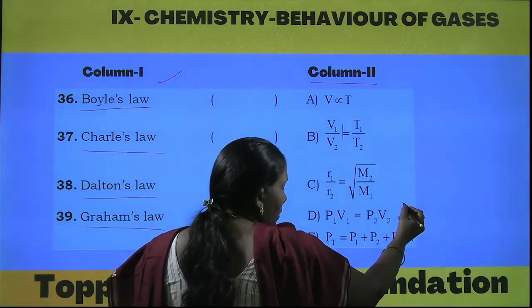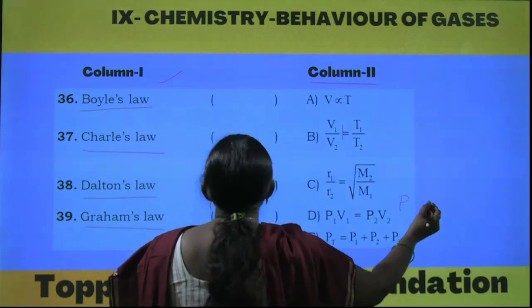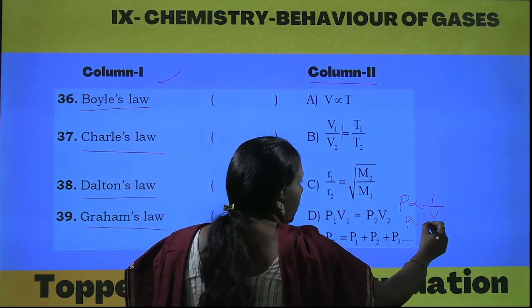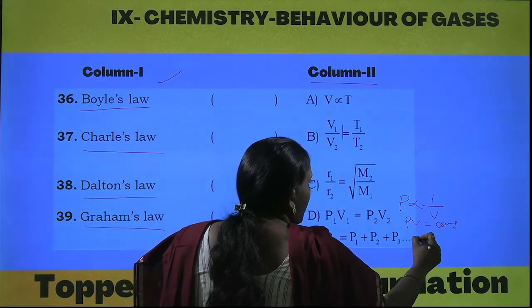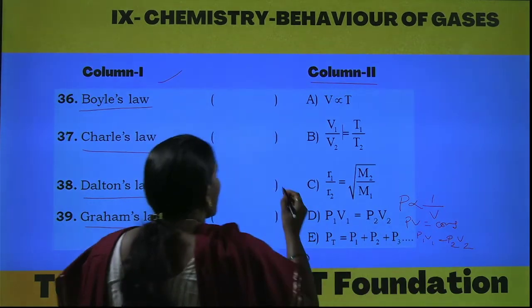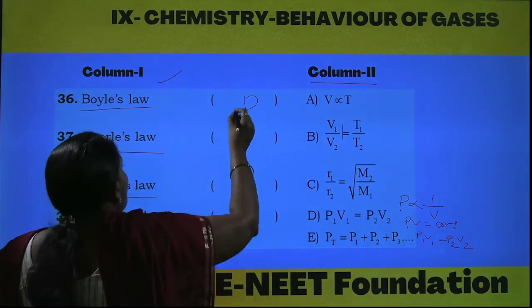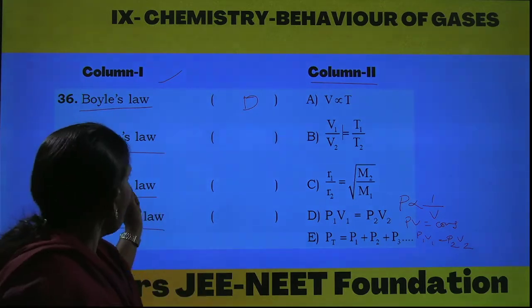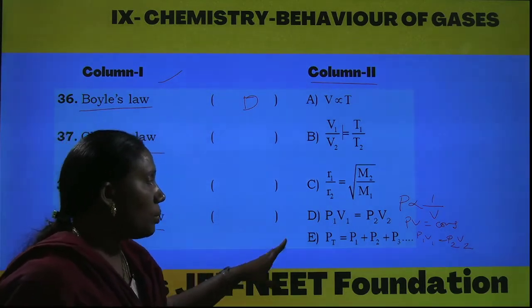Actually, what is Boyle's law? P proportional to 1 by V, PV equal to constant. So, P1 V1 equal to P2 V2. So, the correct option for Boyle's law is D. Boyle's law is P1 V1 equal to P2 V2.